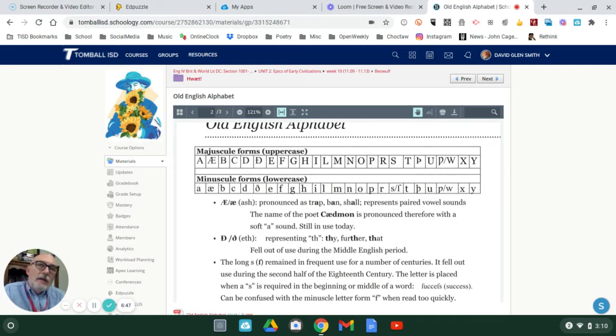So the important names in the Bible, like John, Jesus, Joseph, they would have been spelled with the letter I, and the pronunciation would have been closer to the Spanish. So that's where that stands.